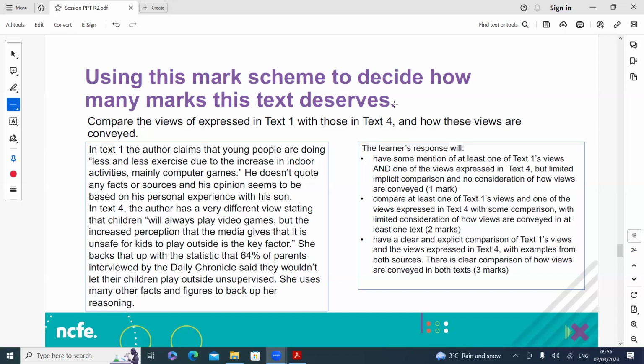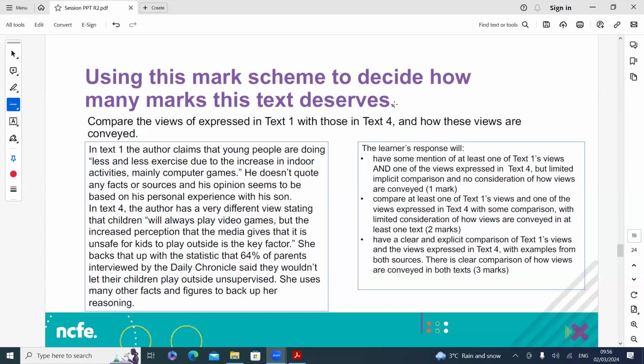In text 1, the author claims that young people are doing less and less exercise due to the increase in indoor activities, mainly computer games. He doesn't quote any facts or sources, and his opinion seems to be based on his personal experience with his son.